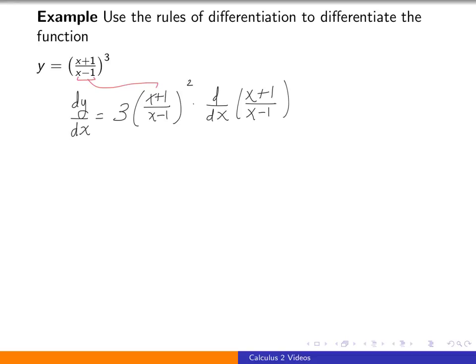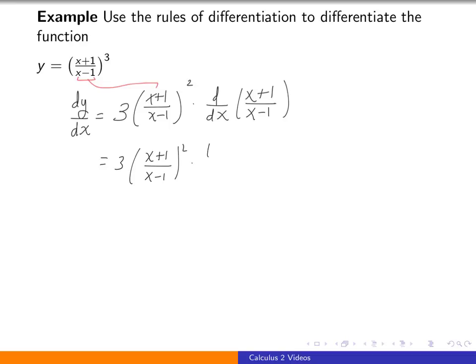And it's perfectly fine for us to have to use multiple rules of differentiation all in a single problem. The derivative of x plus 1 over x minus 1 is a derivative of a quotient, which requires the quotient rule. So out front we have the 3 times x plus 1 over x minus 1 squared multiplied by this derivative.